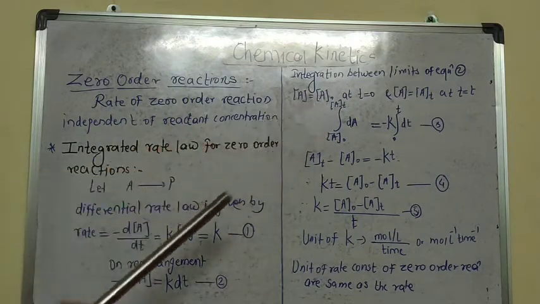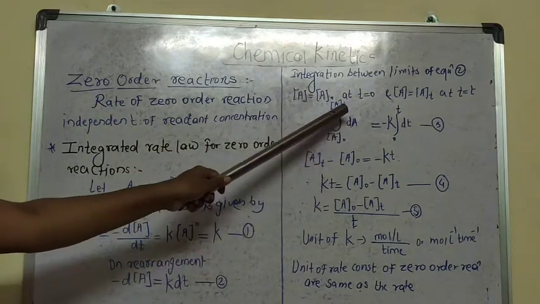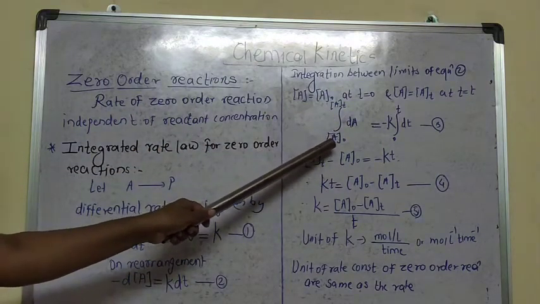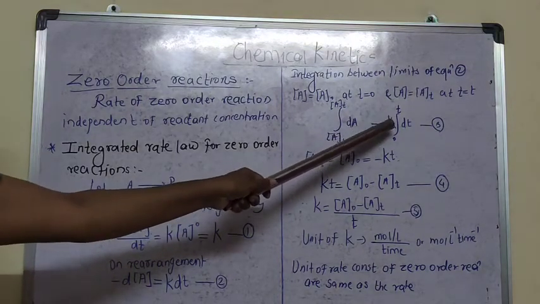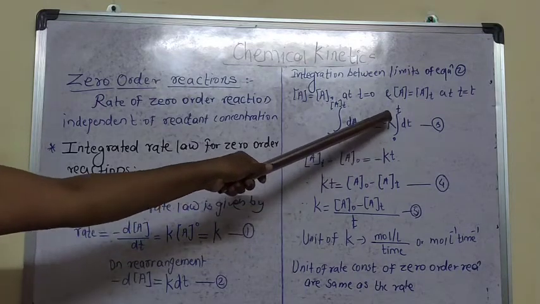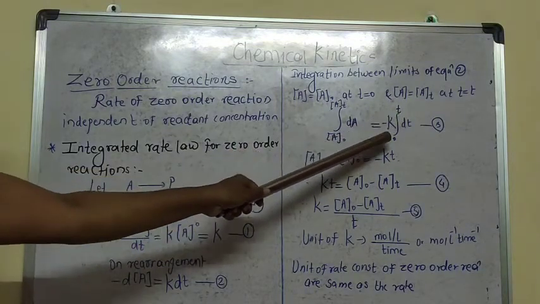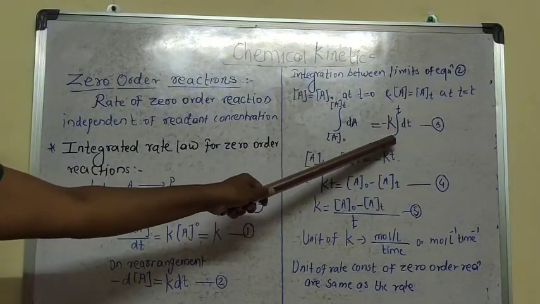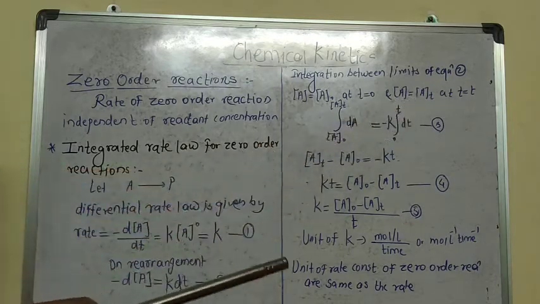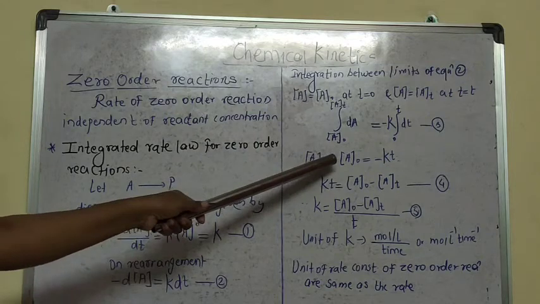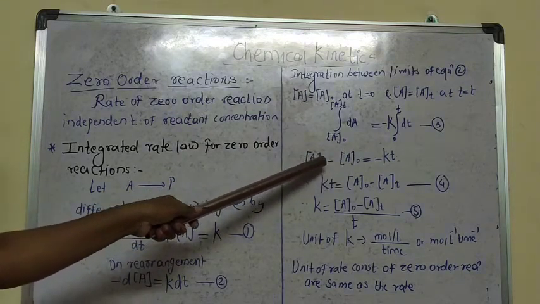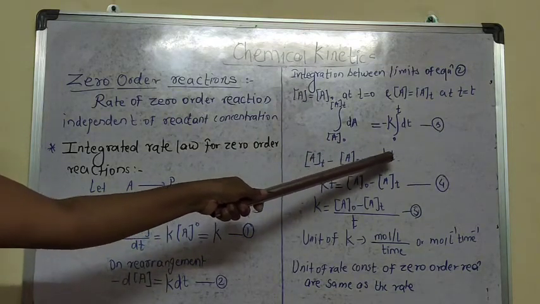Integrating, we get the integral from A0 to At of dA equal to minus k, where minus k is a constant and so is outside the integration sign, times the integral of dt between the limits 0 to t. Simplifying, higher limit minus lower limit, we get At minus A0 equal to minus kt.